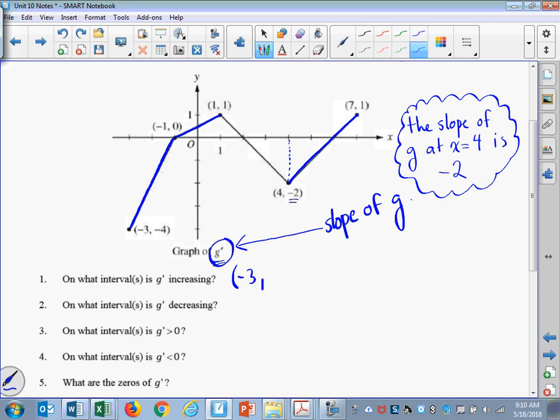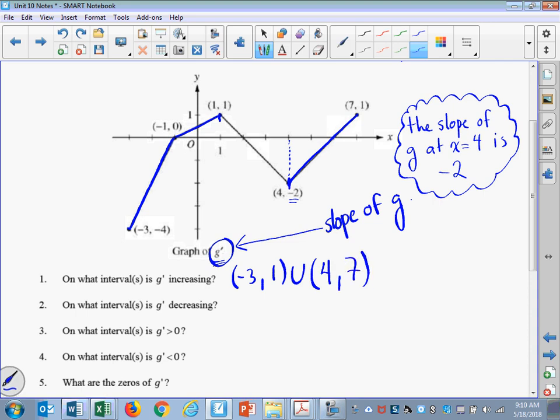I typically use open parentheses. I don't use the brackets. It's not wrong if you use brackets, but typically I use open parentheses for intervals of increasing, decreasing. And then we want to continue right here, picking up at 4, and we want to go to 7. There we go. So that's the interval where g prime is increasing.